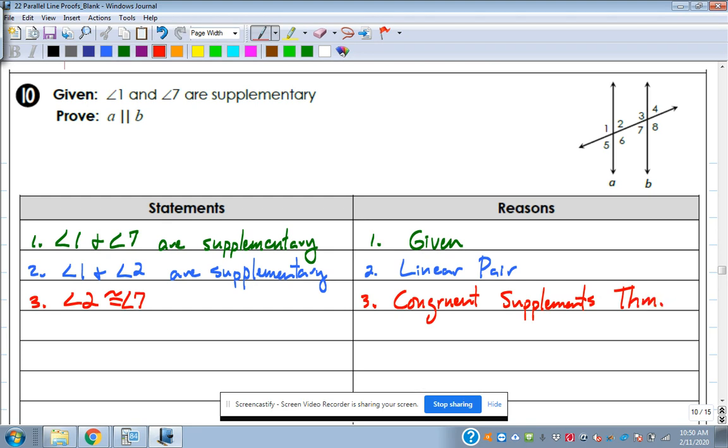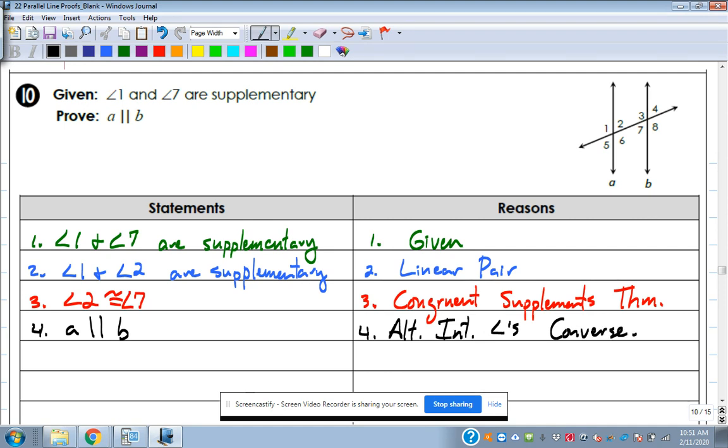And if alternate interior angles are congruent, then line 4 would be line A is parallel to line B, by the alternate interior angles converse.